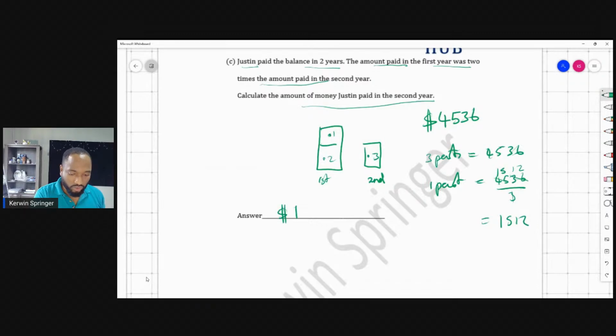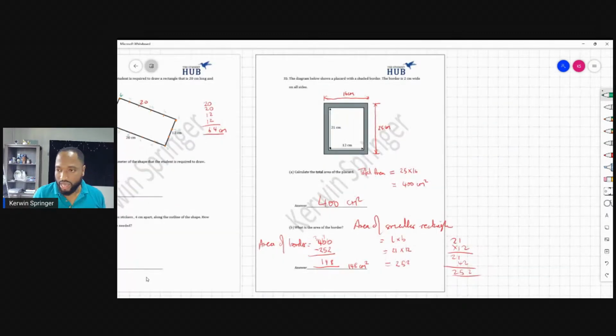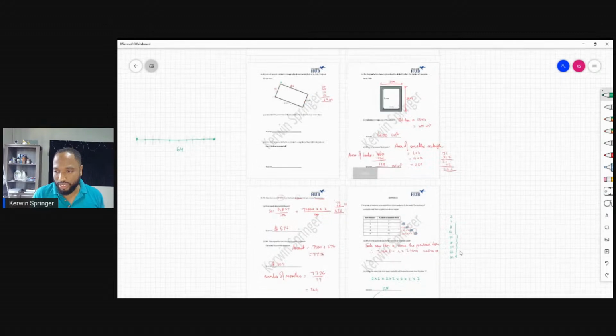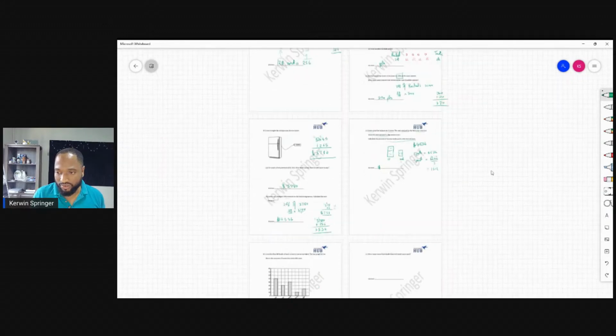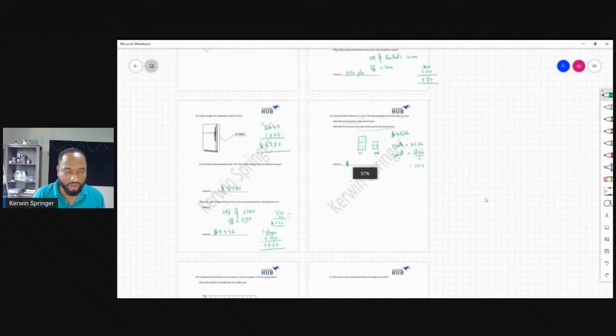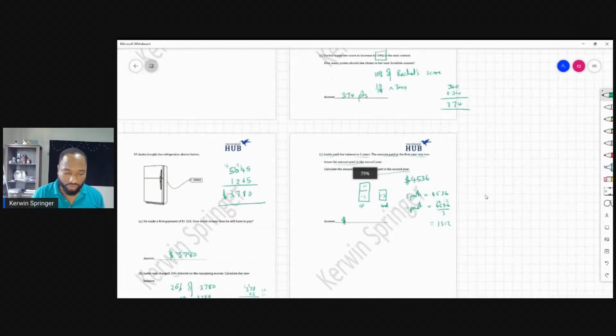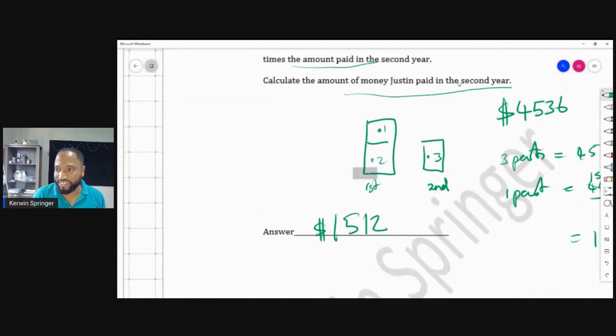So 1, 5, 1, 2 is the answer. And my computer is jumping all over the place. Let's just pull it back down. We're nearly done. 1, 5, 1, 2. And the reason we know that 1, 5, 1, 2 is the answer is because in the second year, it was 1 part. If they had asked for the first year, I would have had to multiply this by 2.